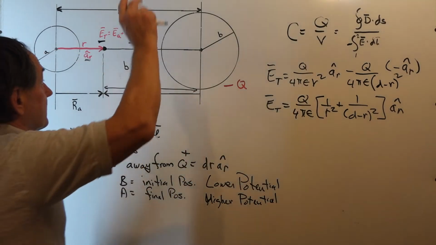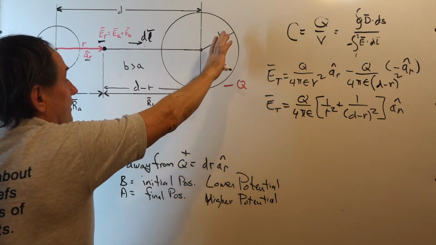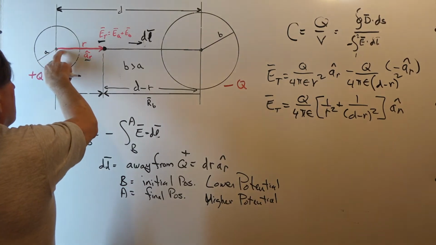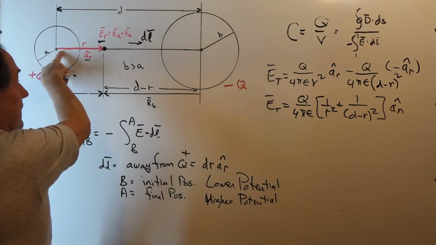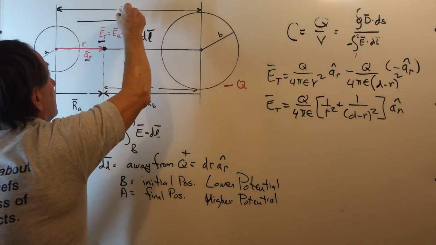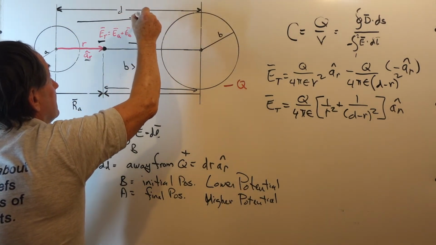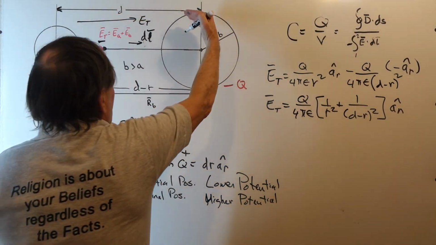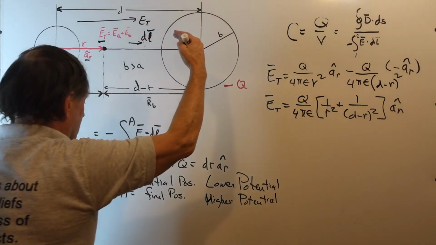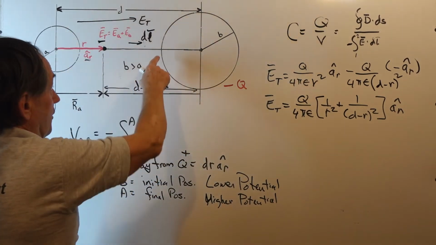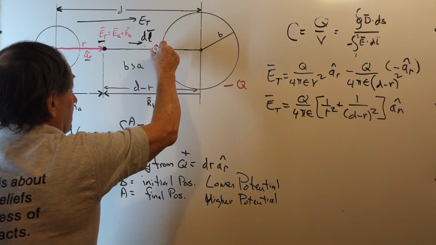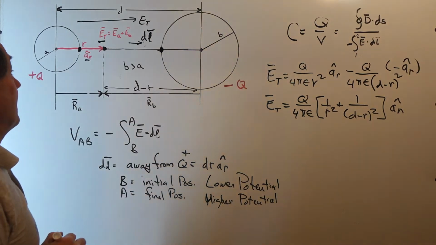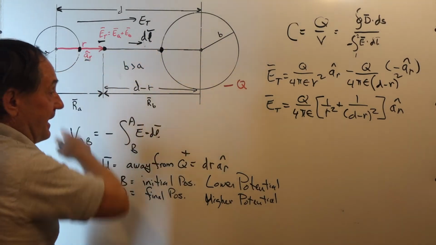Now, the lower potential is over here by the negative charge, and we're going to the positive charge. That means that our total electric field is in that direction. So we integrate against the field. We go from lower potential to higher potential. So we're going from B to A. And what we're going to do is integrate from the surface of sphere B to the surface of sphere A. So we're going to integrate along this path.